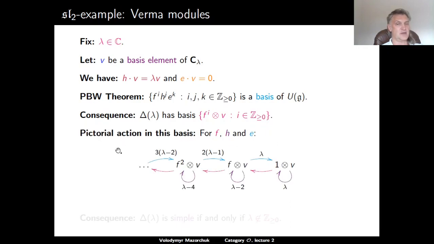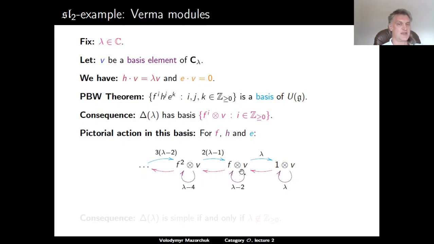Pictorially, we can draw our Verma module delta lambda in the following way. We have the canonical generator 1 tensor v. Applying f, we get f tensor v, f squared tensor v, and so on. 1 tensor v is a weight vector for h with weight lambda. F tensor v is a weight vector for h with weight lambda minus 2, and so on.